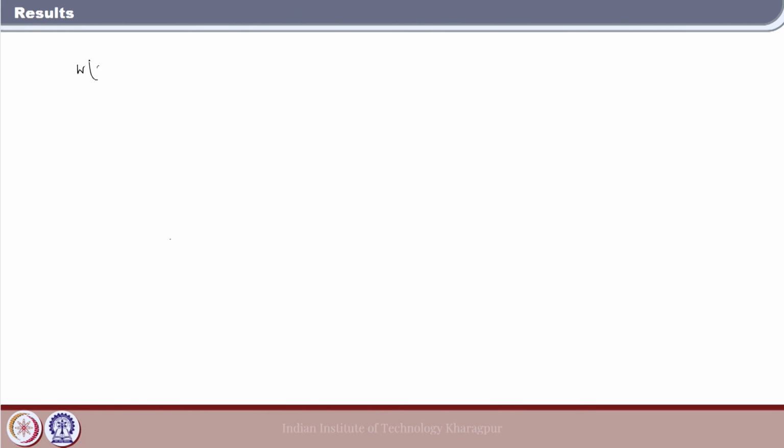So, this W x bar should look like some W 1 e multiplied with some function n 1 x, plus del W by del x at node 1 into n 2 x, plus W 2 e into some n 3 x, plus, sorry, del W by del x at node 2 for element e into n 4 x.